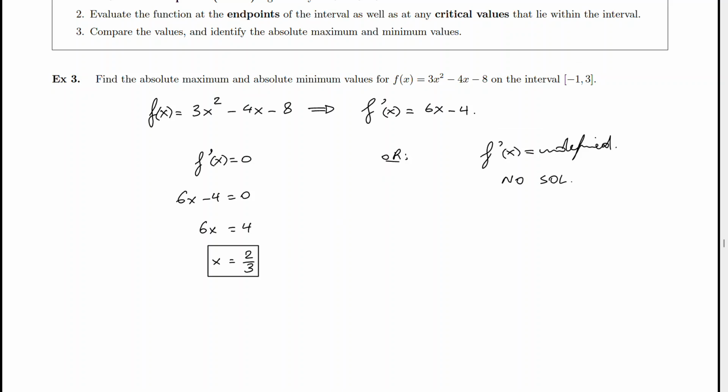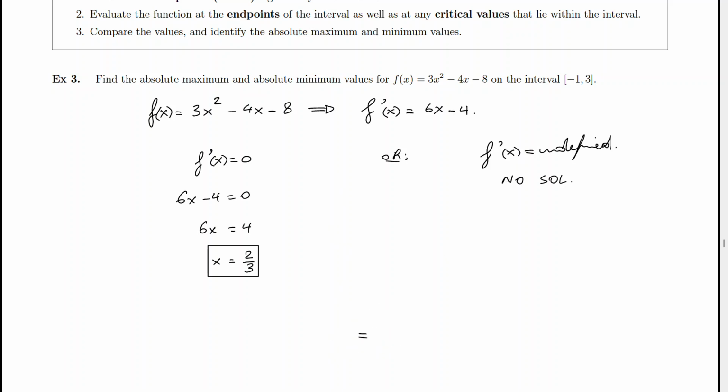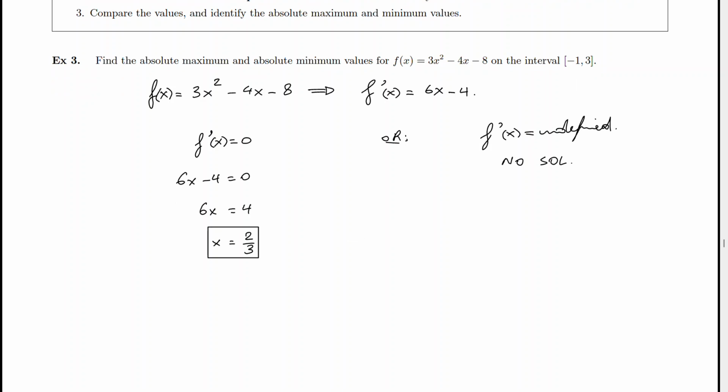For example, if I was solving this problem and I got x equal to 5 at the end, then I would say, wait a second, 5 is not between -1 and 3, so ignore it. Pretend like it never happened, basically. Now, in this case, though, the 2/3 is 0.6 roughly, and it is a number between -1 and 3, so I do have to account for it. I do have to consider it when I'm deciding the maximum and the minimum of my function.